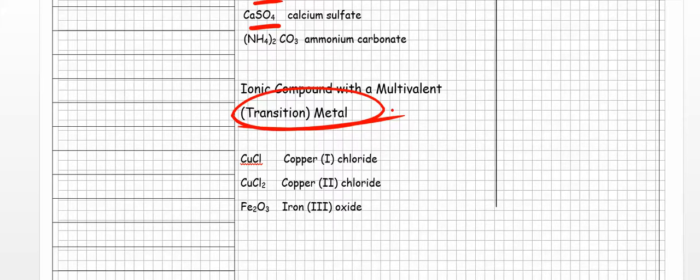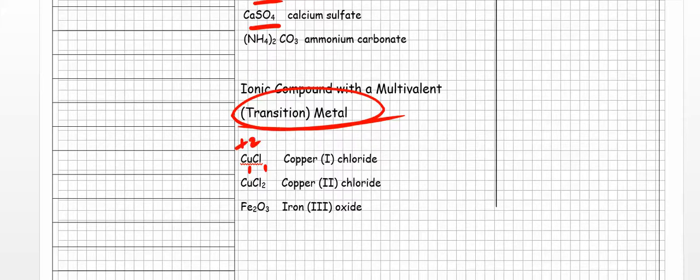And so I have to clarify that. I have to name that. I have to place that information into the name. Copper is a transition metal which could have 2 possible charges, +1 or +2. Well, which one is it? Well, for copper there's a 1 here and there's a 1 there as subscripts. That means that there must have been a 1 here.